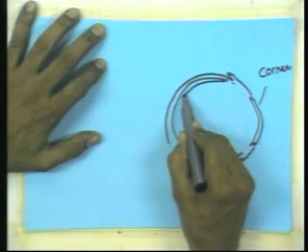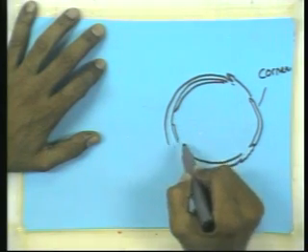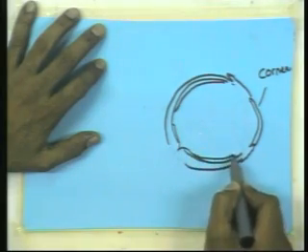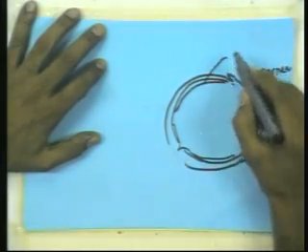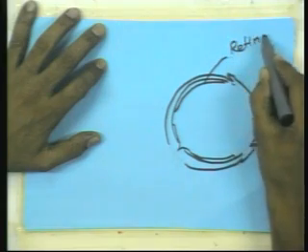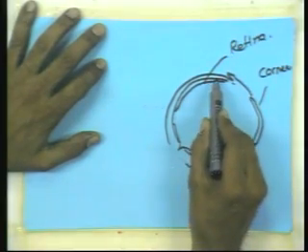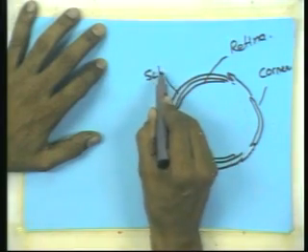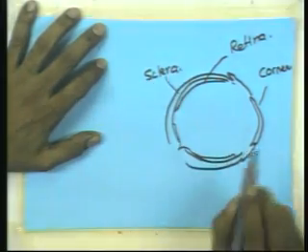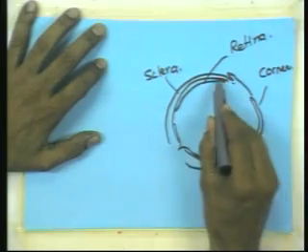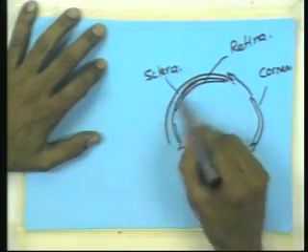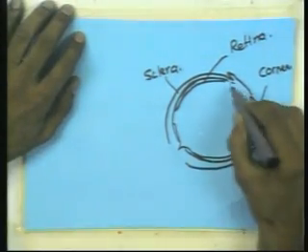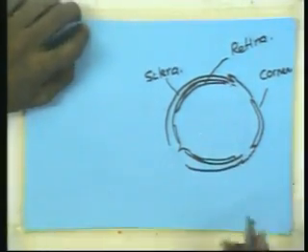You have the retina, which is the sensitive part, and between the retina and the sclera, you have another layer which carries the blood to the eye and supplies it with the blood that is necessary to keep these cells alive.